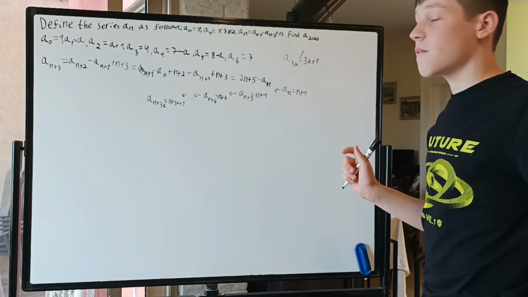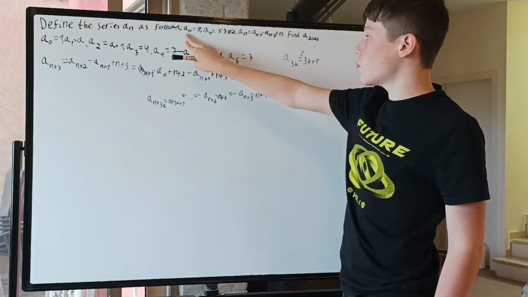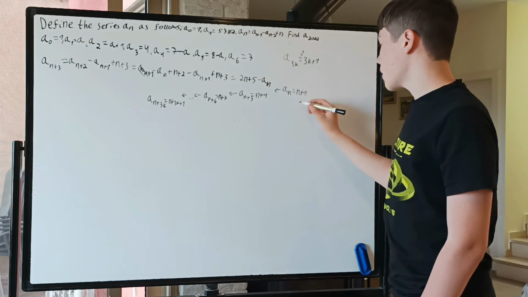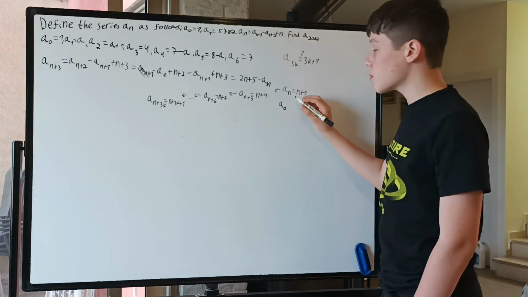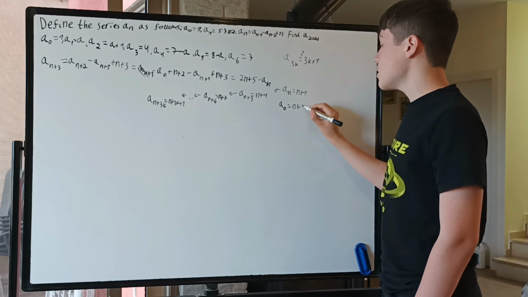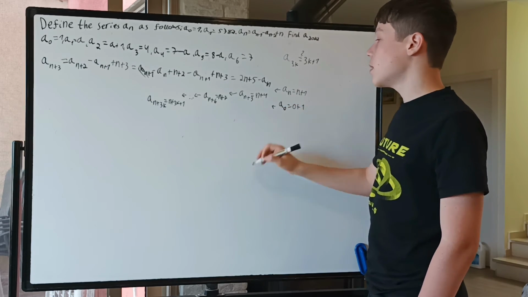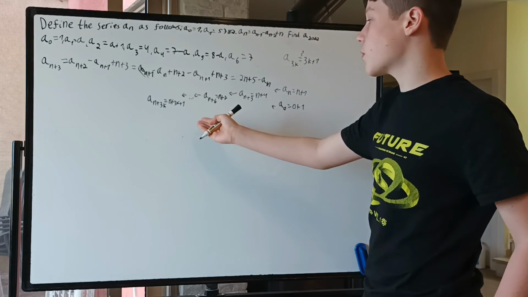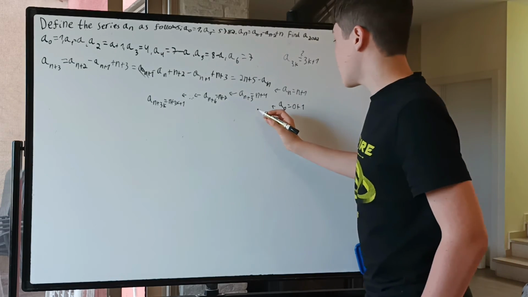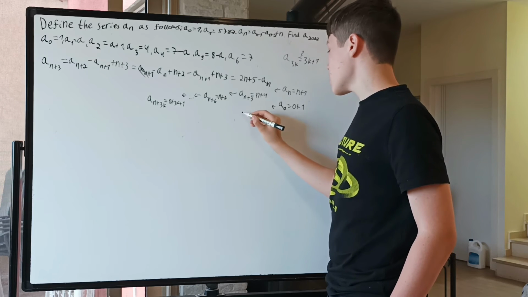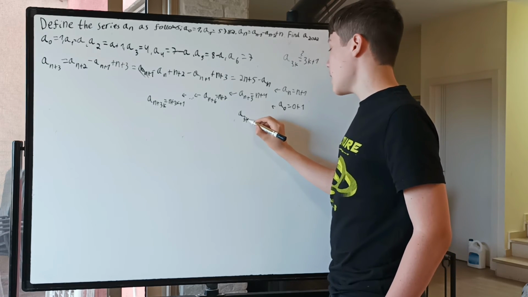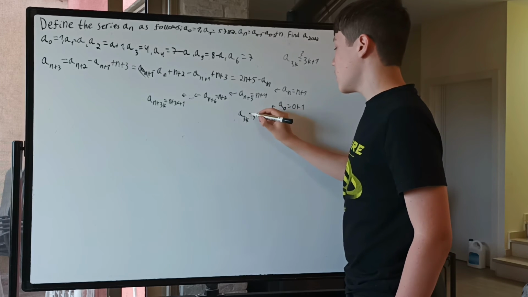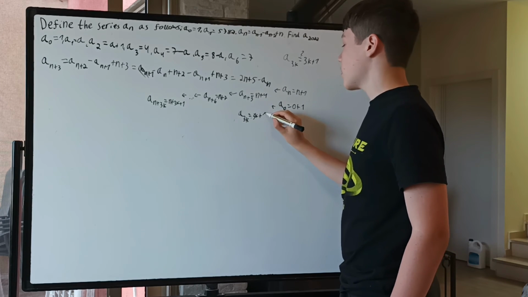But notice, let's look at what we're given. A_0 is equal to 1. Well, last time I checked, 0 plus 1 is equal to 1. So A_0 is equal to 0 plus 1, and what we just proved, formally by induction, gives us A_{3k} equal to 3k plus 1, since n is just 0.